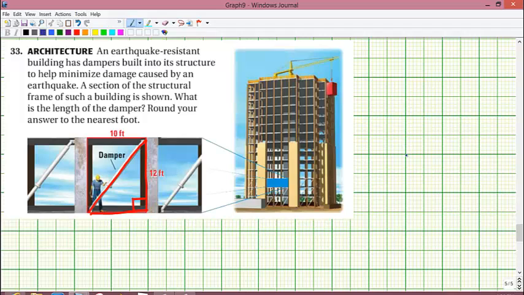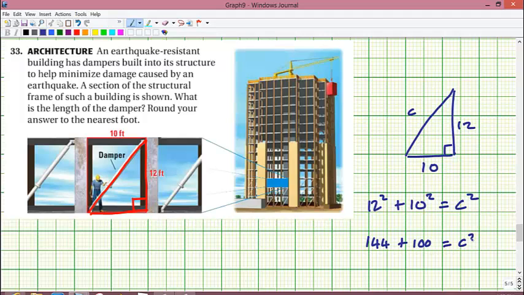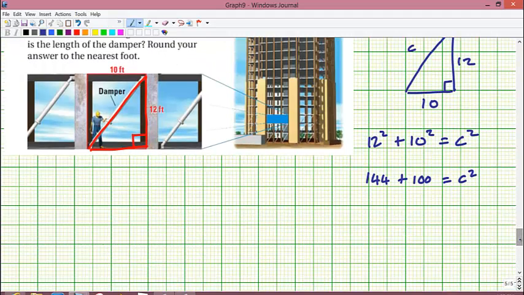We have a right triangle with a height of 12 and a length of 10, and we do not know, in this case, the hypotenuse. So our equation becomes 12 squared plus 10 squared equals c squared. So that's 144 plus 100 equals c squared. That's 244 equals c squared.